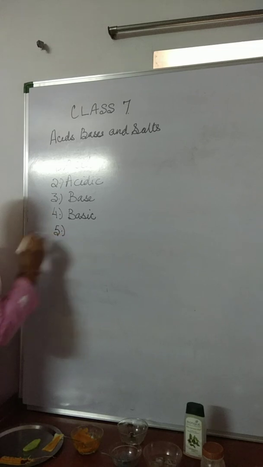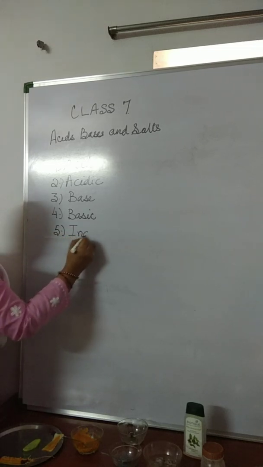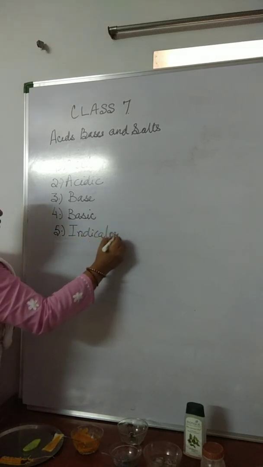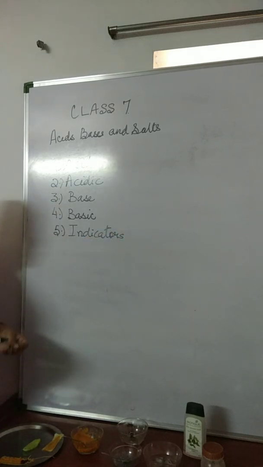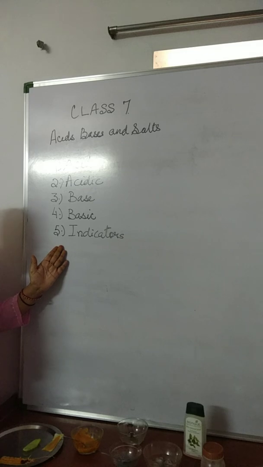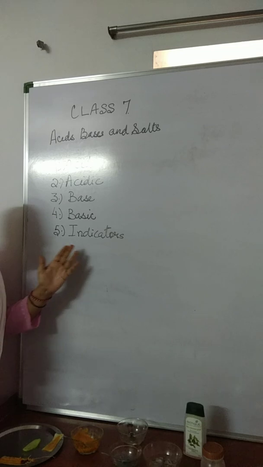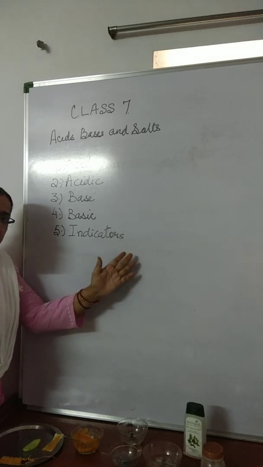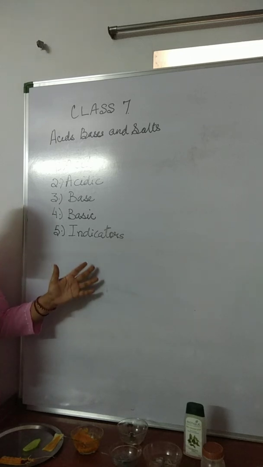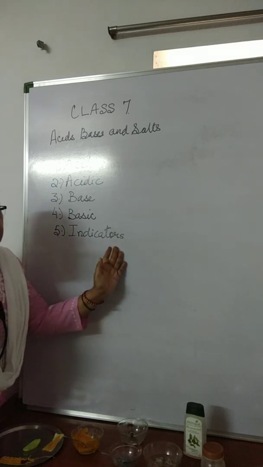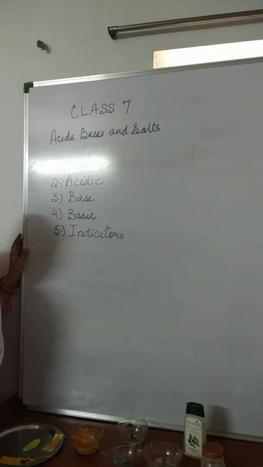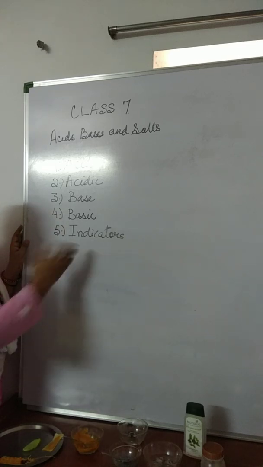And the last one are the indicators, which are chemical substances that show whether a given substance is acidic or basic in nature, and they change their color when the medium changes, that is, when the medium changes from acidic to basic or basic to acidic. Whenever there is a change in the medium, we make use of indicators.